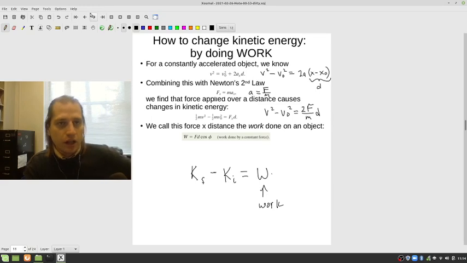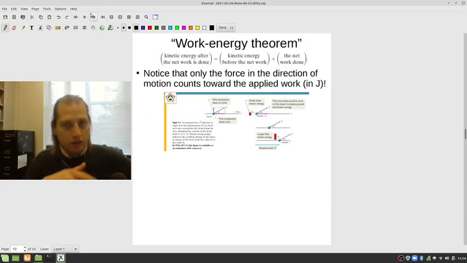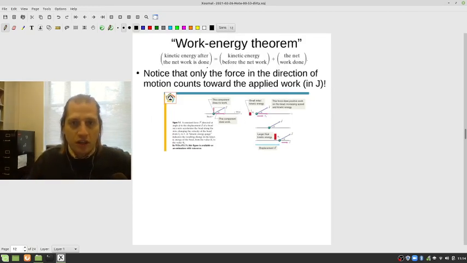I have a little bit better illustration of this. So we call this statement that I've just told you, the kinetic energy after the work is done equals the kinetic energy before the work plus the amount of work that you're putting in.